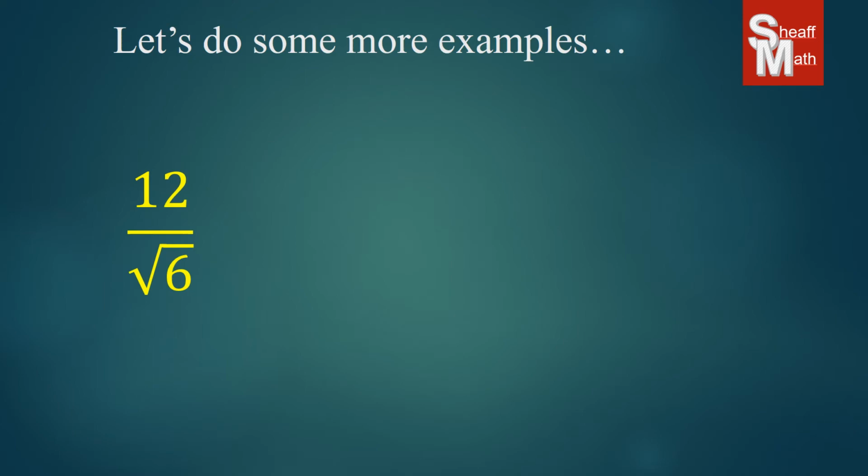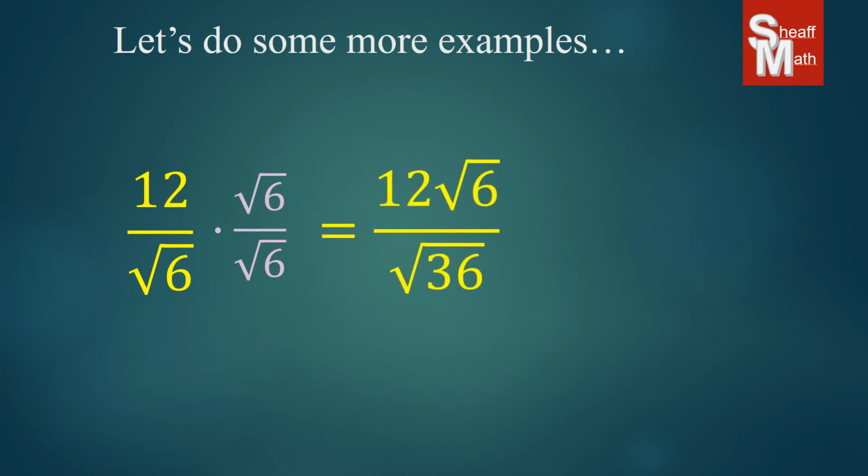Now this one right here, we want to rationalize this, so we're going to multiply by square root 6 over square root 6, giving us 12 square root 6 over square root 36. And that becomes a 6 at the bottom. And so you might think, hey, I'm done.